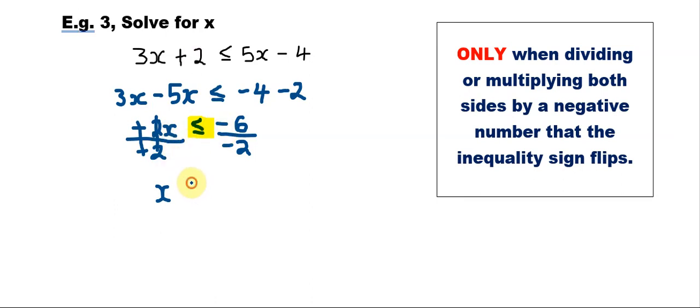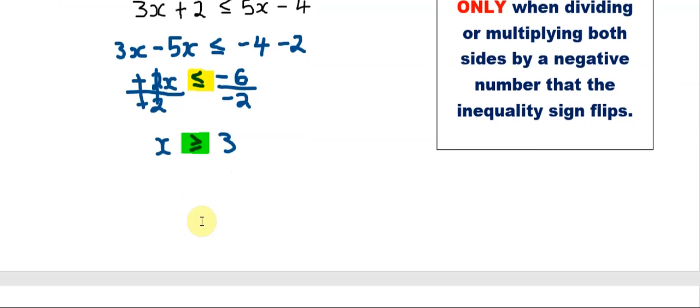So we will have to flip that inequality sign. So now it becomes a greater than or equal to. And when we simplify negative 6 divided by negative 2, we will have a positive 3. So this is the one exception when solving inequations, that when you divide or multiply both sides by a negative number, the inequality sign flips. Very important rule here that we must remember.